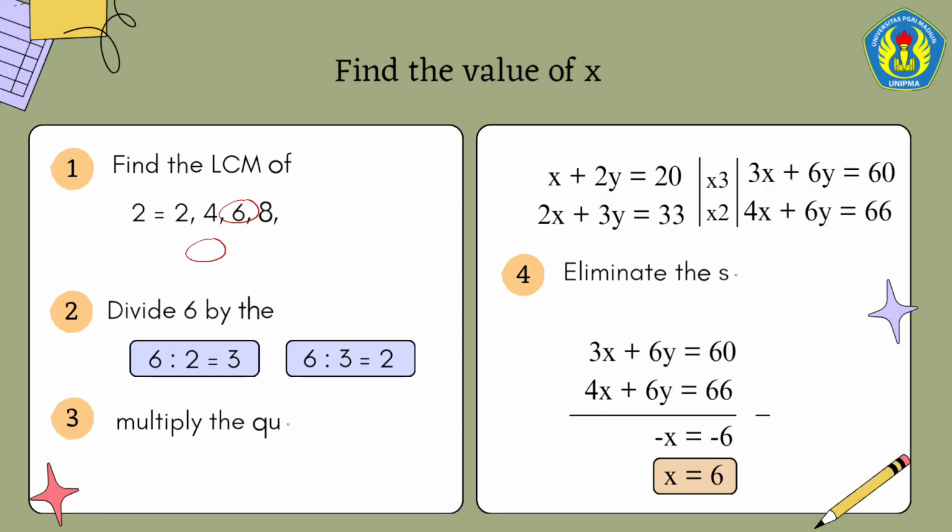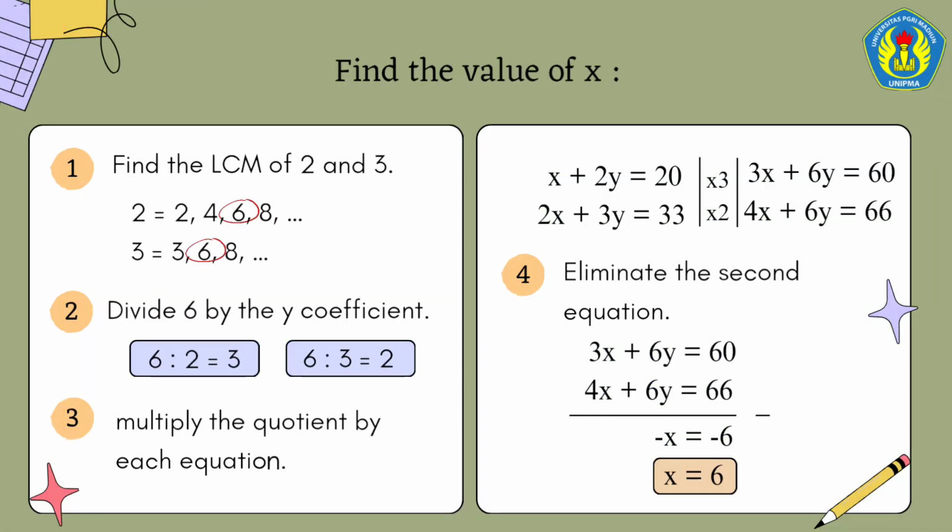The first step, find the value of the variable x by eliminating y in each equation, because the coefficients on the y variable from each of these equations are 2 and 3. We look for the LCM, least common multiple, of 2 and 3. 2 equals 2, 4, 6, 8, and so on. 3 equals 3, 6, 9, and so on.